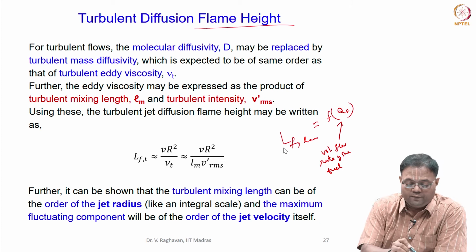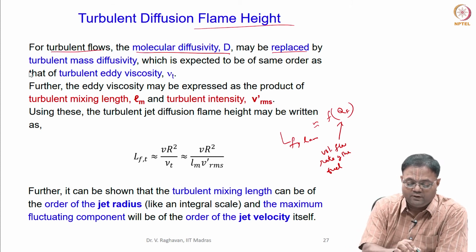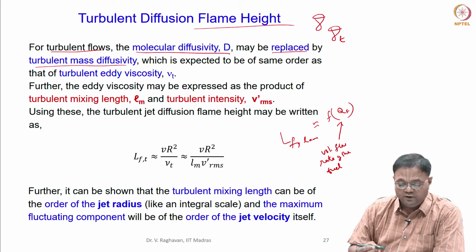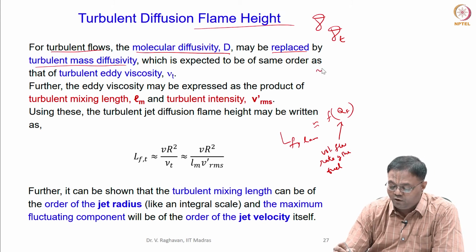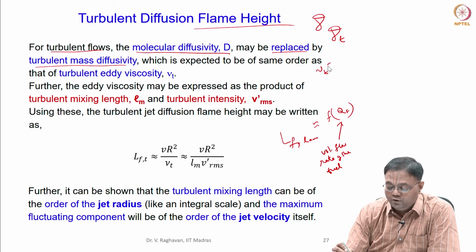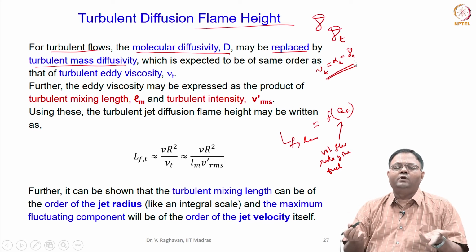In a turbulent flow, molecular diffusivity can be replaced by the turbulent mass diffusivity, that is D can be replaced by turbulent diffusivity. We have already seen that the momentum coefficients are the same in a turbulent flow, correct, because it is controlled only by the eddies.